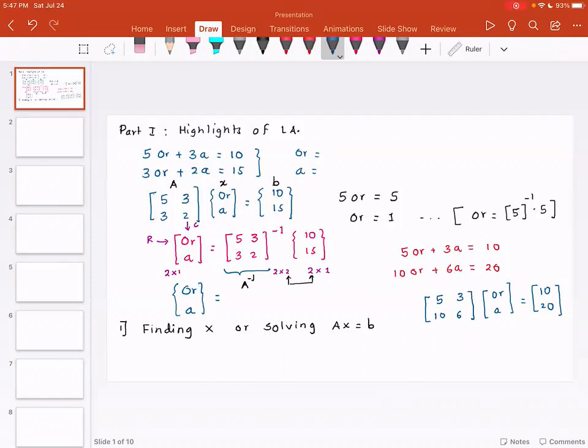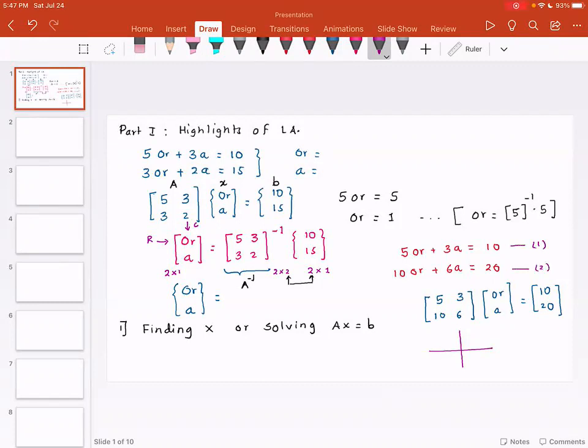If I were to solve this equation, we would realize that this equation cannot be solved. A geometric way of looking at this equation is something like this. This is line number 1, equation 1, and this is equation 2.